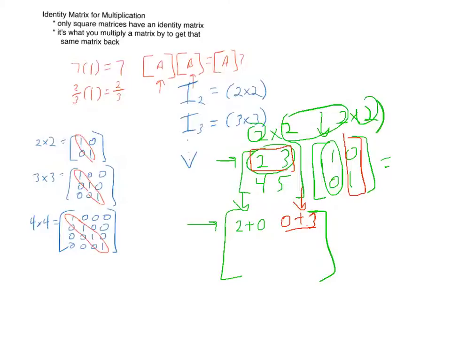Then for the second row, we repeat the process: 4 times 1 plus 5 times 0, and then 4 times 0 plus 5 times 1. And our final answer, after we simplify, is 2, 3, 4, 5.